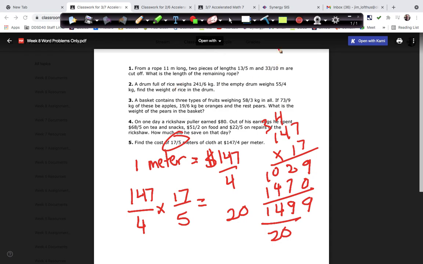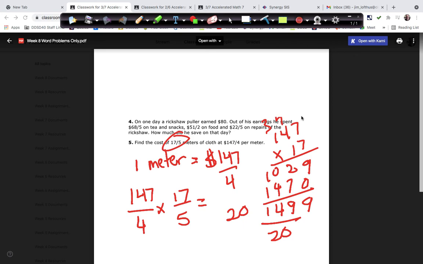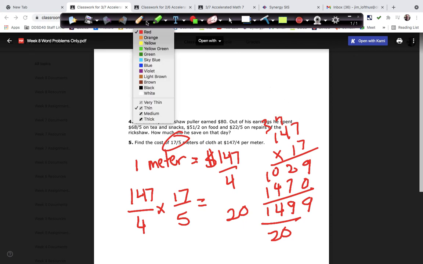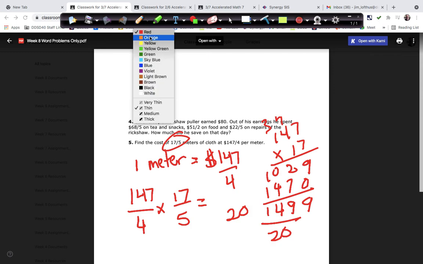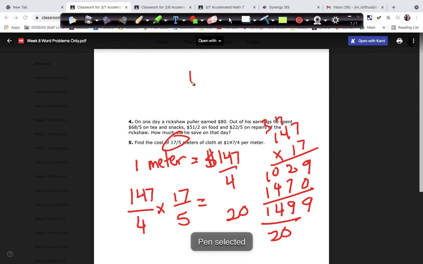So that means I'm going to do, I need some room here, so we're going to go like this. All right, so let's do 1,499 divided by 20. It goes in here.